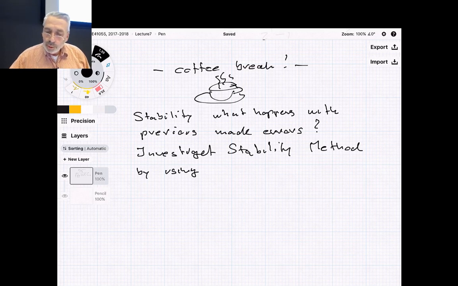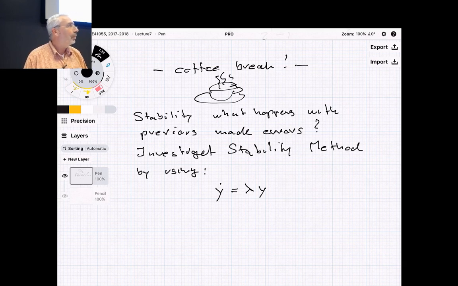We have to pick a differential equation that is such a general one, and I pick this one: y dot is lambda times y. Now most of you would think, come on, that's one of the simplest differential equations. So why do you take that one? Maybe you should put a sine or a cosine or exponential or some weird function in it.